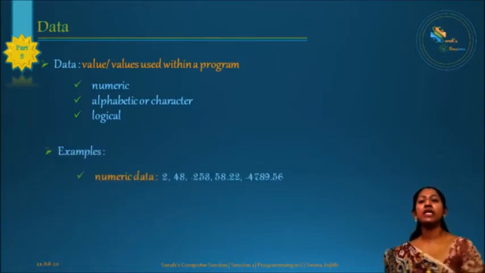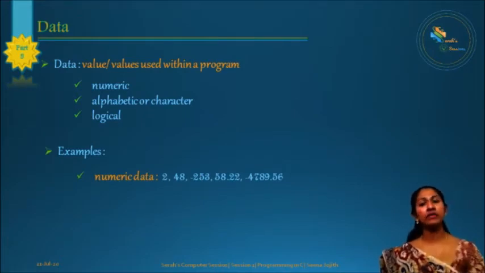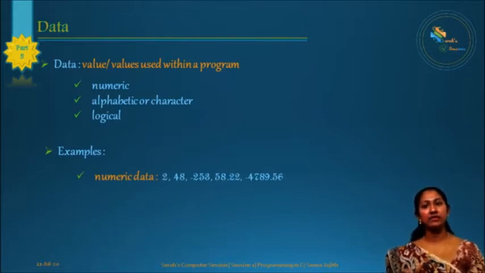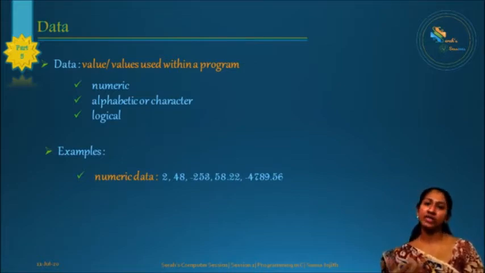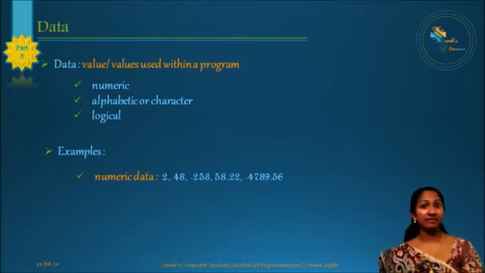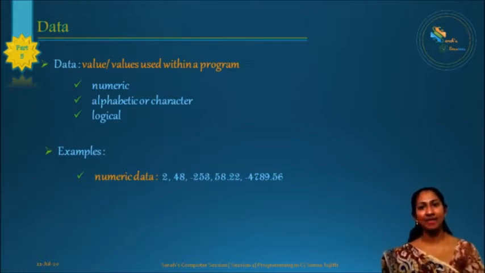For numerical data, I have given five examples. Let's see: 248, minus 253, 58.22, minus 4789.56. From these examples, what did you understand? We can give both positive and negative numbers as input, right? Did you see something peculiar in this example?